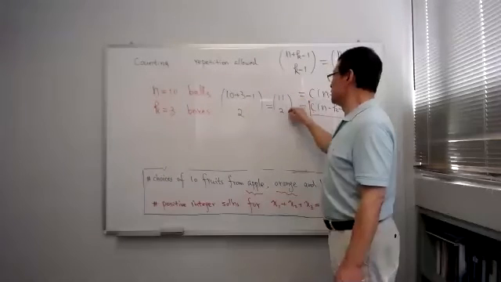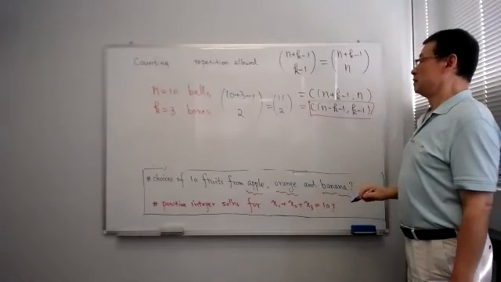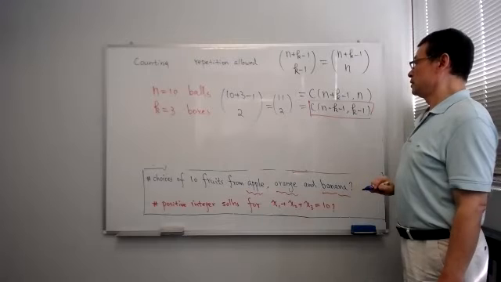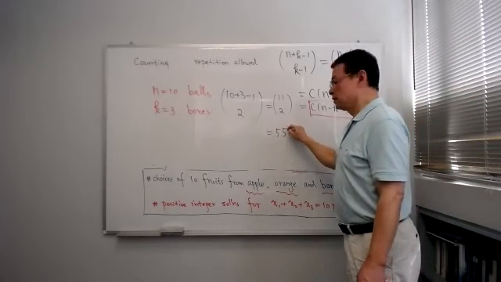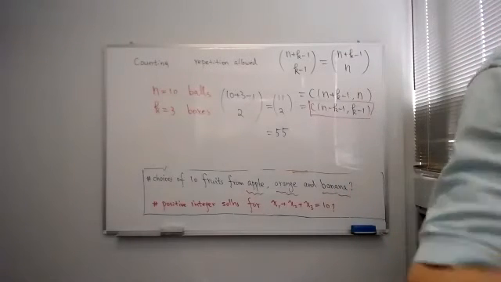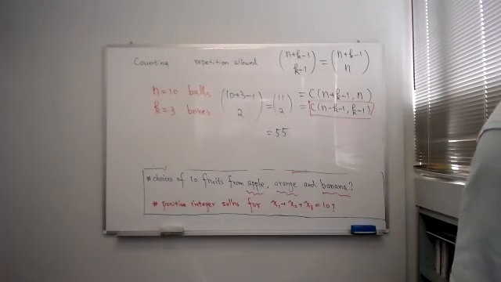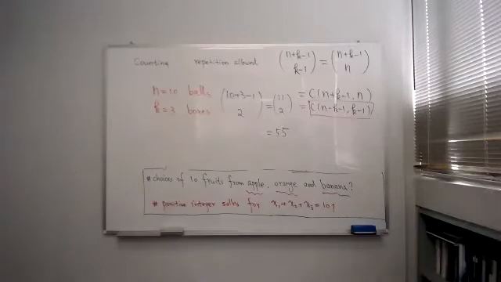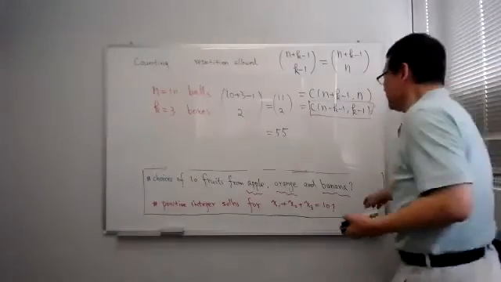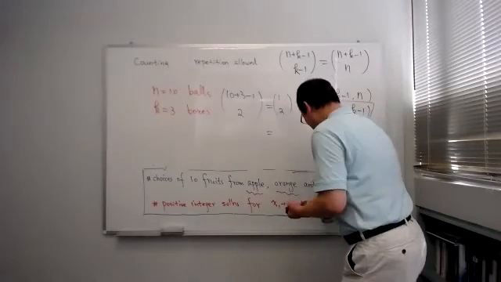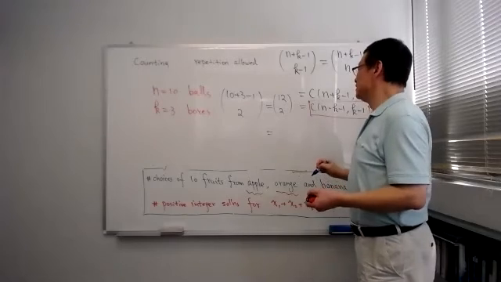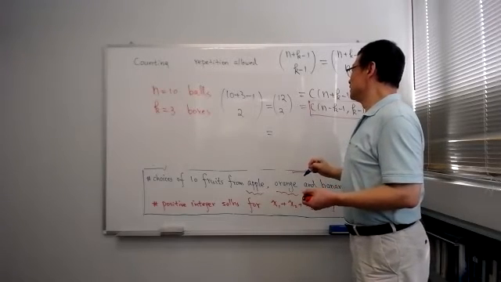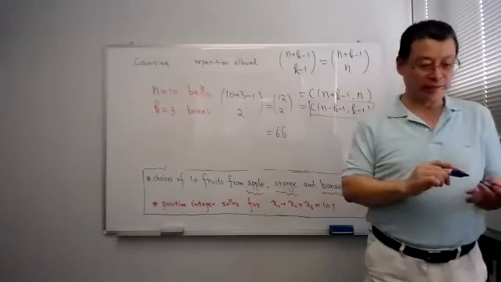That's 12 choose 2. Let me check. It's 12 times 11 over 2, which is 66, so 66 different ways.